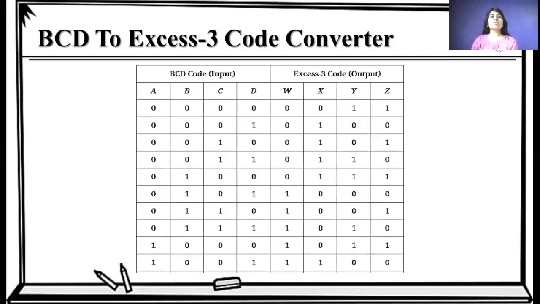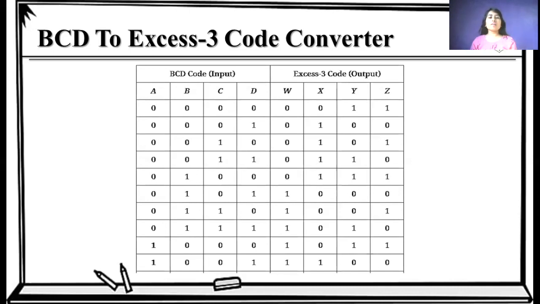For example, for 0 we have BCD code 0000, and for XS3 we have the binary representation of 0 plus 3, which is 3, as 0011. Then next, for 0001, that means BCD 1, we have to add 3. So 1 plus 3 is 4, and the binary representation of 4 is 0100. So basically for 0 to 9 BCD we have an XS3 code.